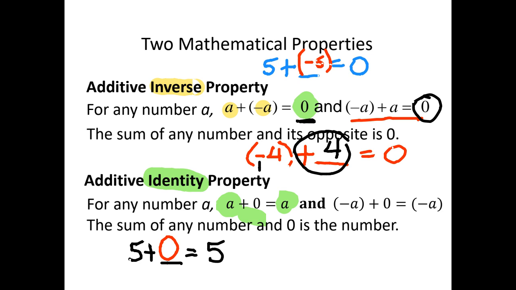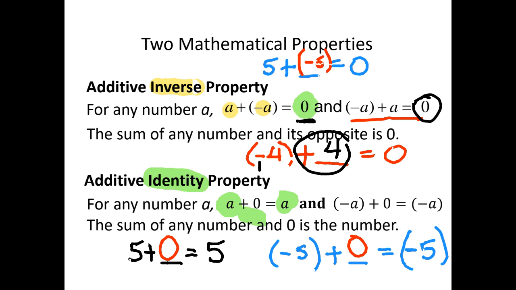If I do the opposite, -5 plus blank is equal to -5, I should know that on this blank, I'm adding 0. Notice, one property equals 0, one property uses 0.